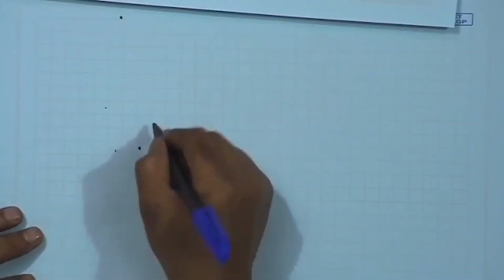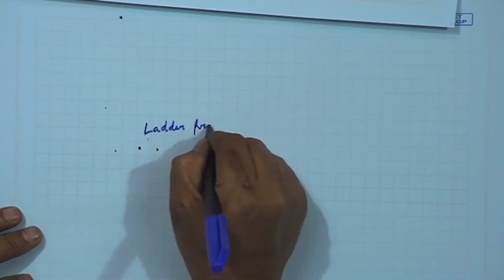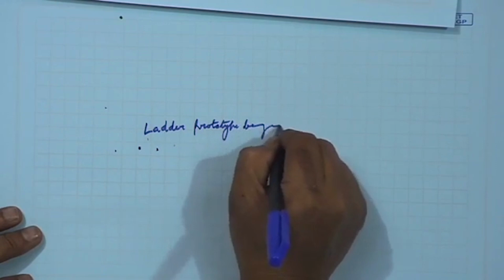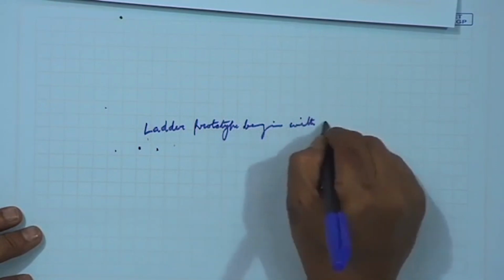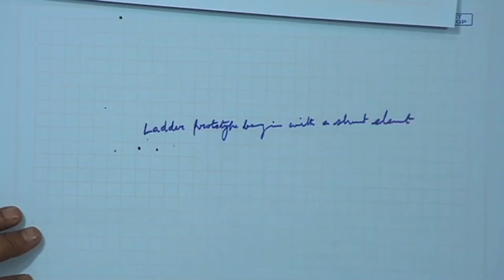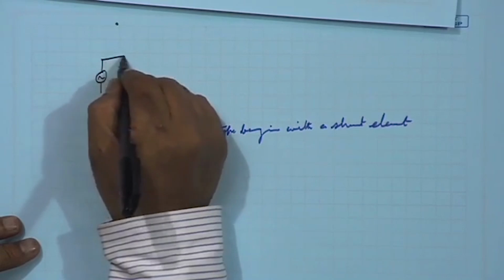There can be another variety, that is ladder prototype beginning with a shunt element. So, in that case the circuit will be like this.